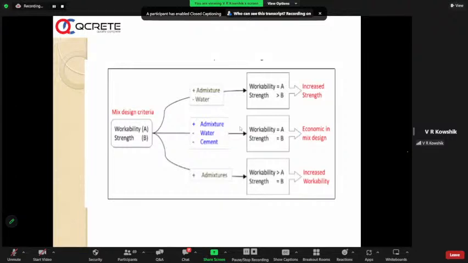The shift which has happened: earlier a 400 kg mix, a 1:1.5:3 mix, was said to be M25 concrete, and this was specified in many concrete technology books and even many specifications talked of 8-bag mix and 6-bag mix.